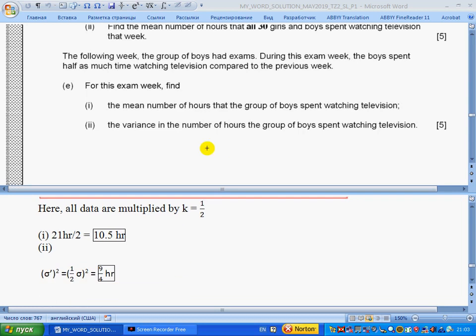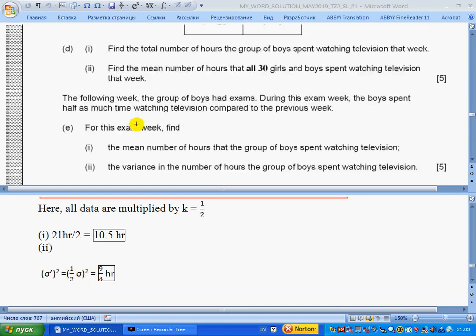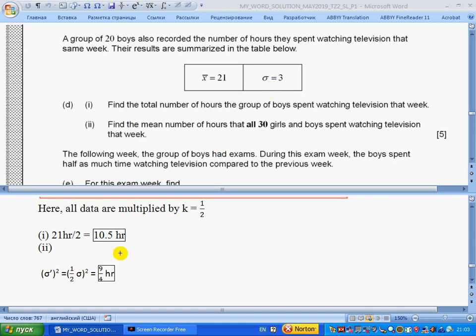But they ask for variance. Variance is the square of the standard deviation, so the new standard deviation will be 1 over 2 of the previous, multiplied by 3. Actually, sigma is 3. So 3 goes here, and variance is 9 over 4.